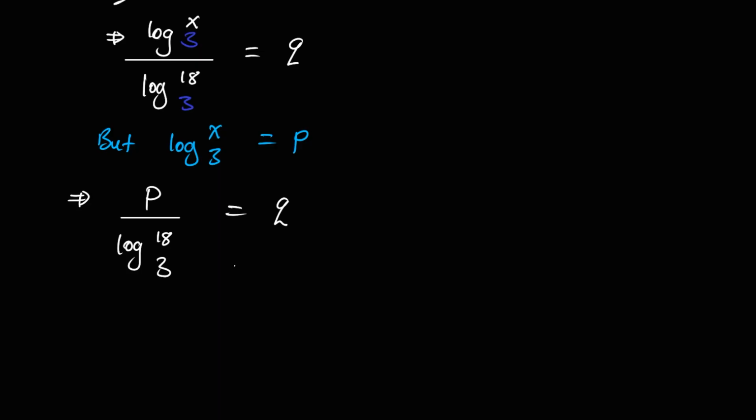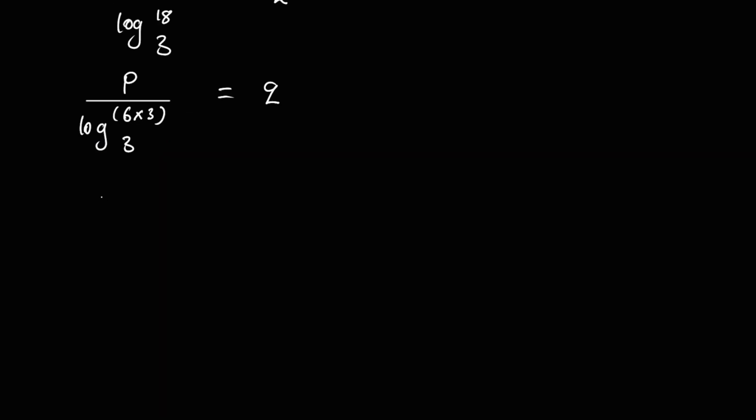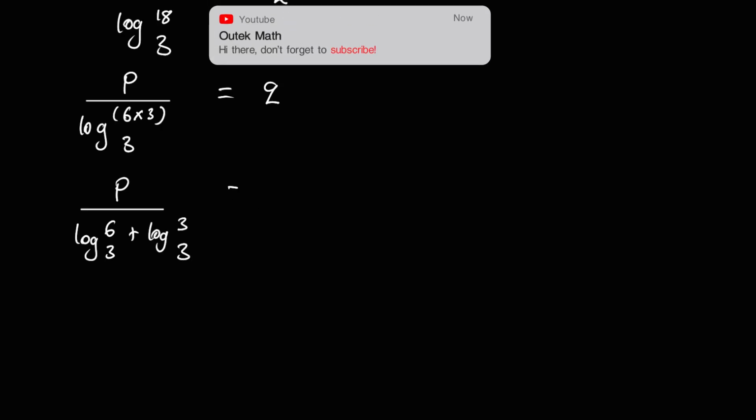But 6 and 3 are also factors of 18, so this becomes p divided by log of 6 times 3 to base 3, which equals q. From the reverse product rule, this becomes p divided by log of 6 base 3 plus log of 3 base 3, which equals q.